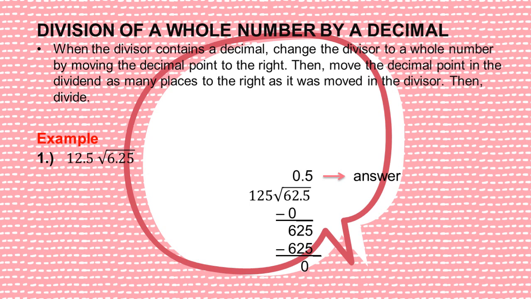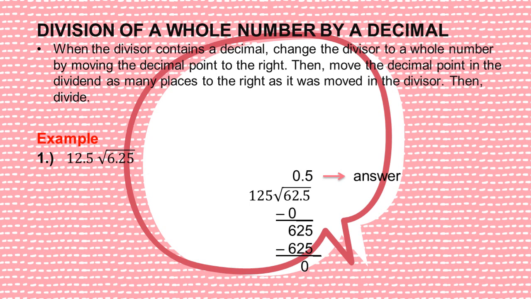So, para ma-illustrate ito, class, let's solve. So, for our example, 12.5 divide 6.25. So, ang first step ay i-move ulit natin yung ating decimal point ng divisor, which is yung 12.5 ng ilang decimal places to the right based dun sa number ng decimal place value niya.